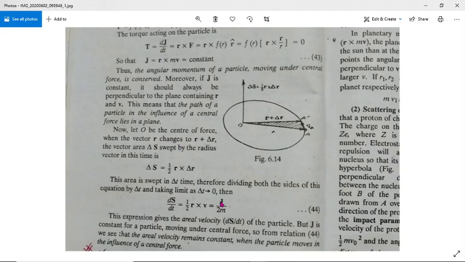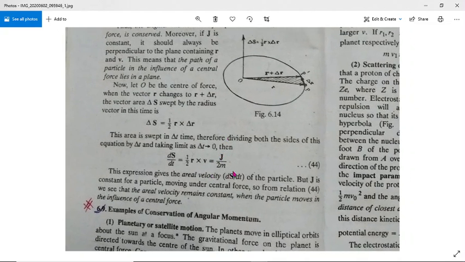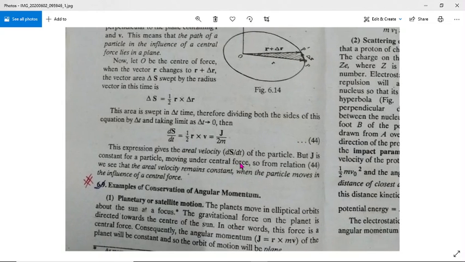Then substituting r cross v as J by m, ds by dt equals J by 2m. This expression gives the areal velocity of the particle. J is a constant for a particle moving under central force, so the areal velocity remains constant when the particle moves under the influence of a central force.